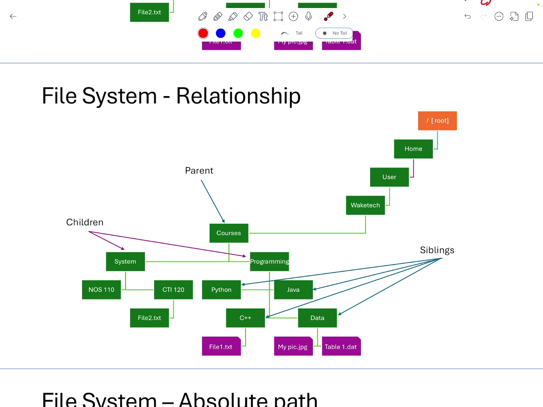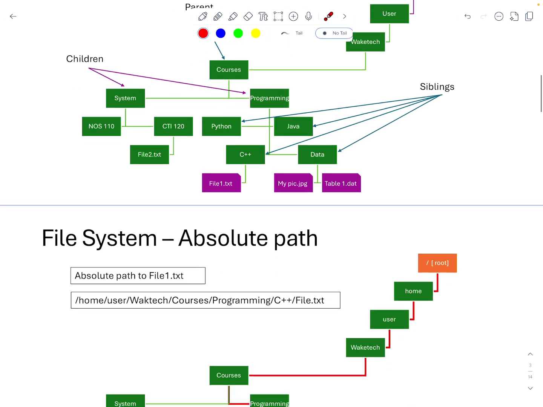All are children of programming, right? System and programming are parallel structures. Again, they are siblings. So all these programming folders, Python, Java, C++, and data, are all siblings. Likewise, NAS 110 and CTA 120 are siblings and they are children of the system parent.